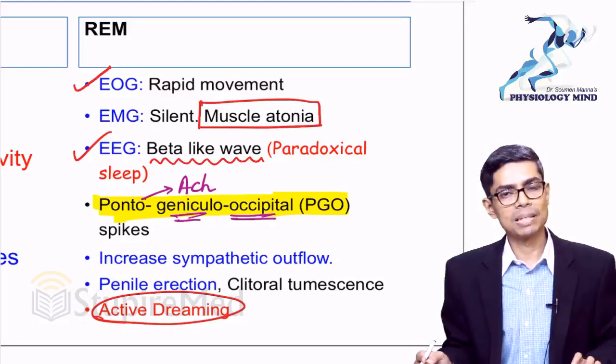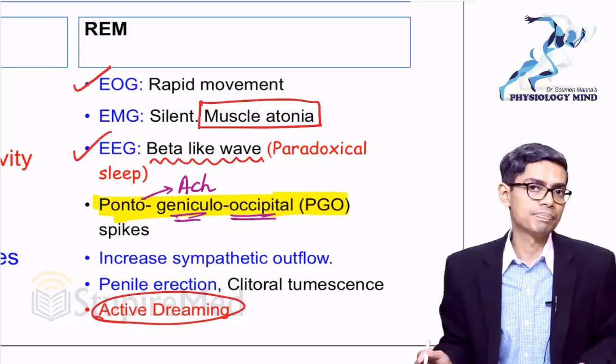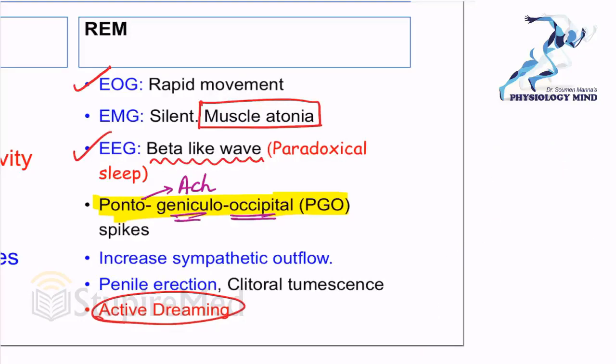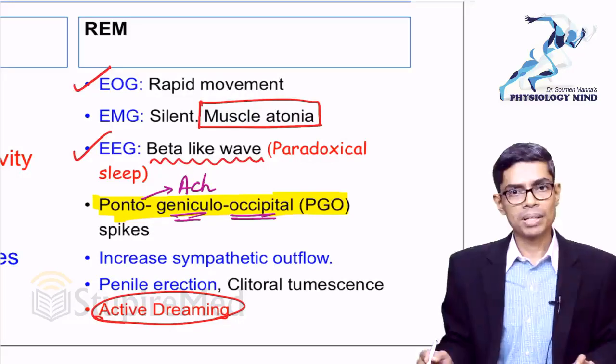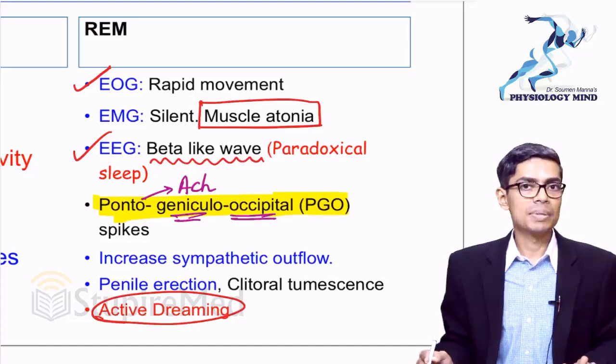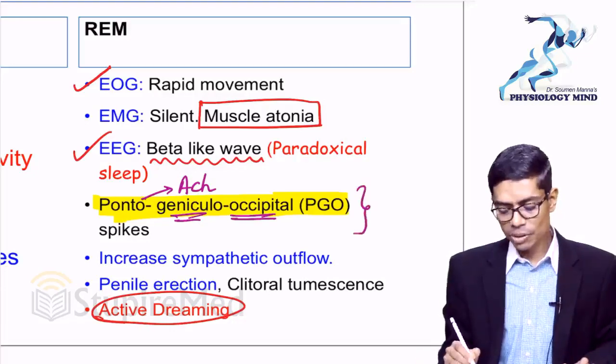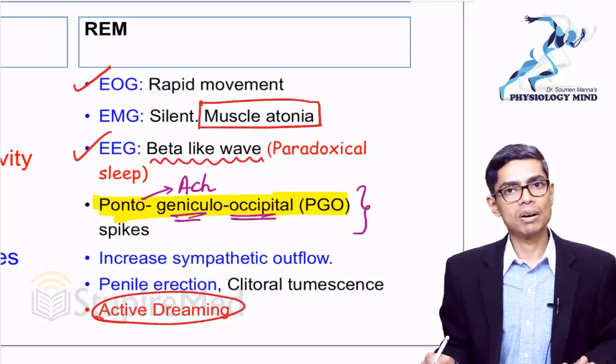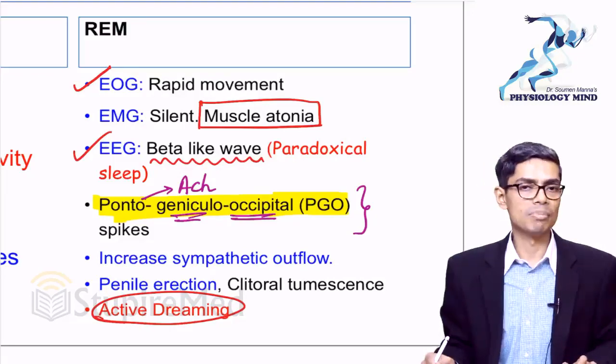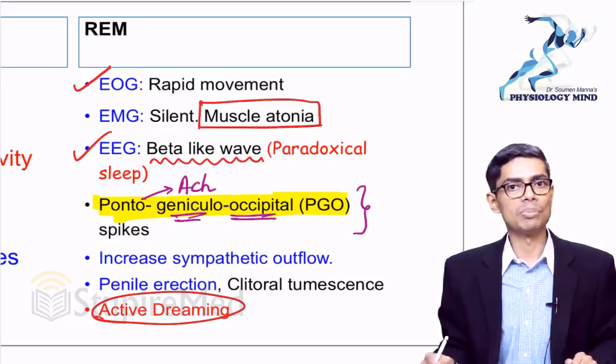That's why the wave is known as the pontogeniculo-occipital wave, which is typically seen during REM sleep. What is the role of this wave? Still not known. But in animal studies, it has been proved that this wave is responsible for consolidation of memory. So it may be the same for human beings also, but we still don't know.